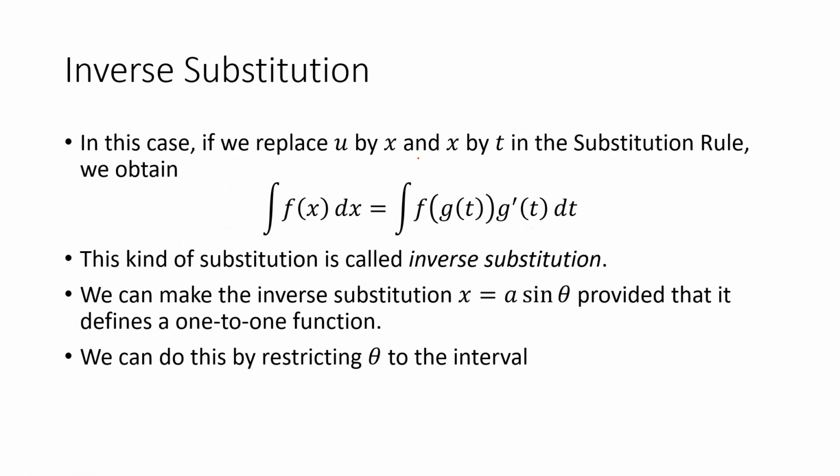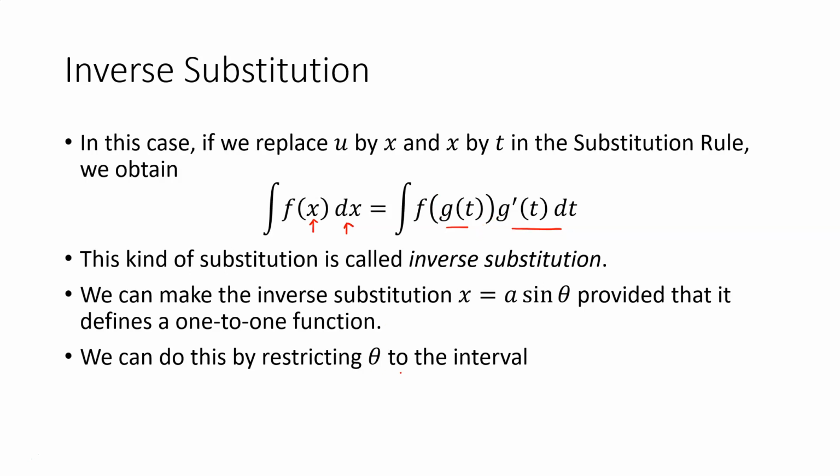In general, it'll look something like this: if I have some function f of x, I replace x with some other function g of t, but I also have to replace dx with g prime of t dt. So both of those things are going to be substituted. And now I can try and integrate with respect to the new variable.